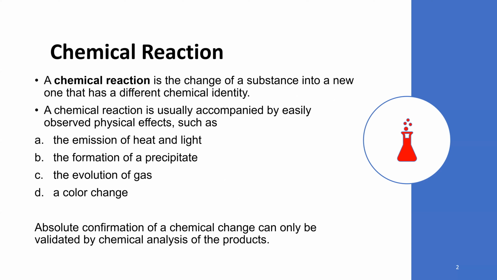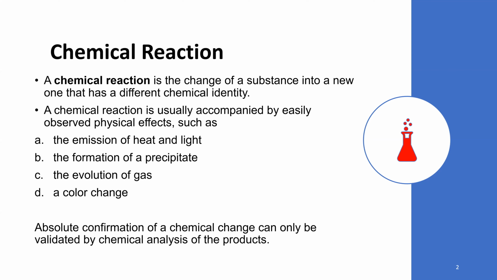We also have talked about chemical equations. Chemical equations are basically mathematical expressions, using symbols and molecular formulas to express a chemical change in a mathematical way.